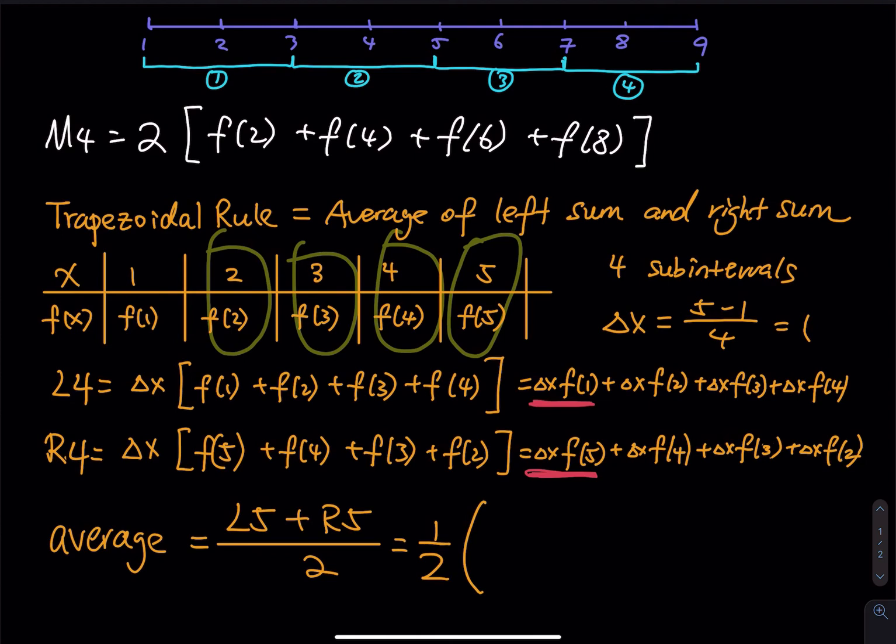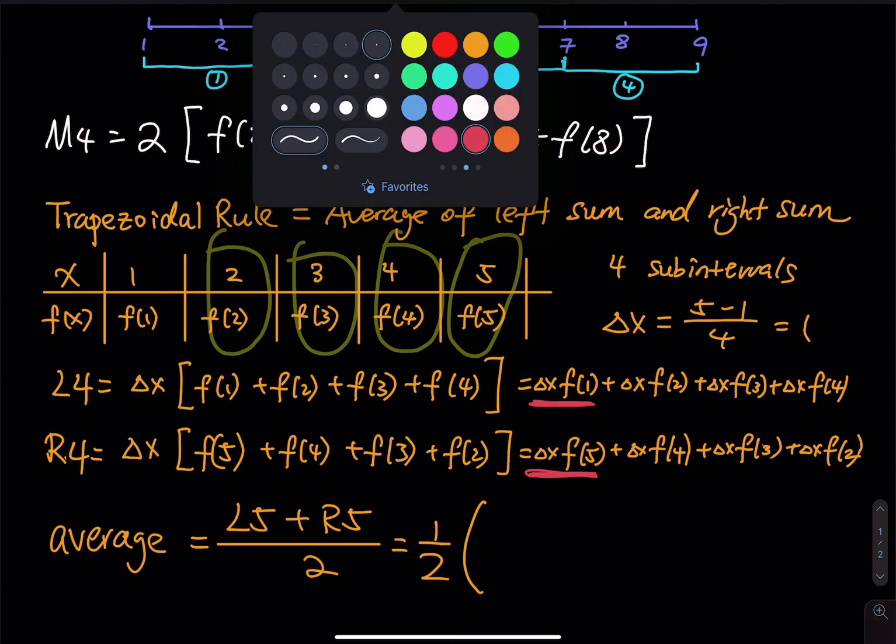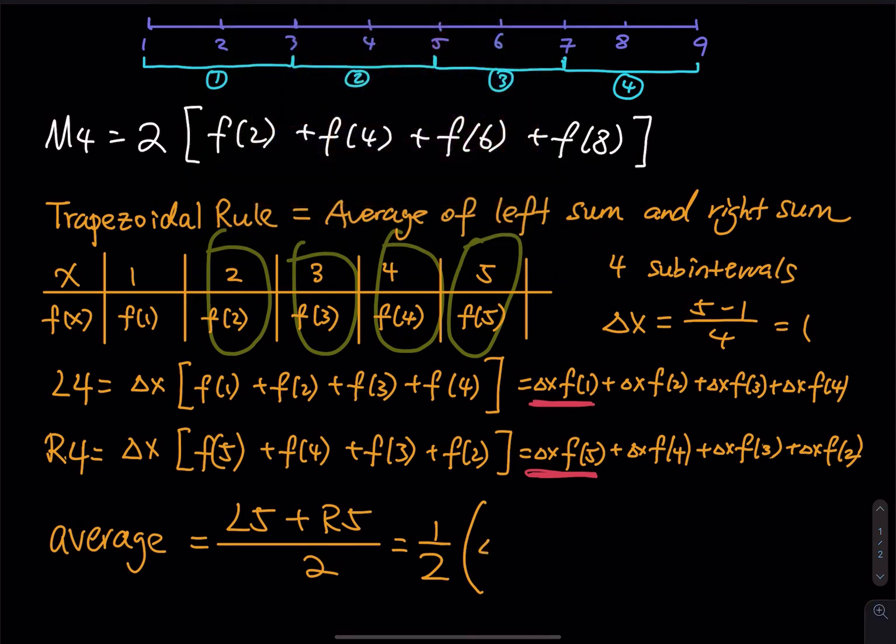So when you add them, I'm going to write delta x f of 1, and then the last one is delta x f of 5. But look, for f of 2, we have f of 2 plus itself, so we are going to do 2 times delta x f of 2, because we have 2 copies of that.